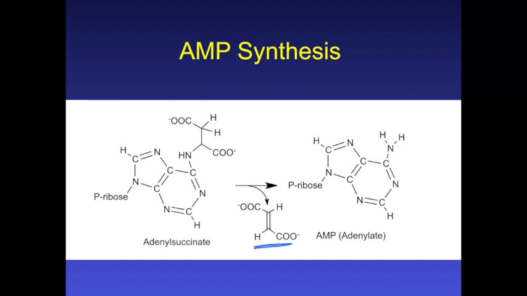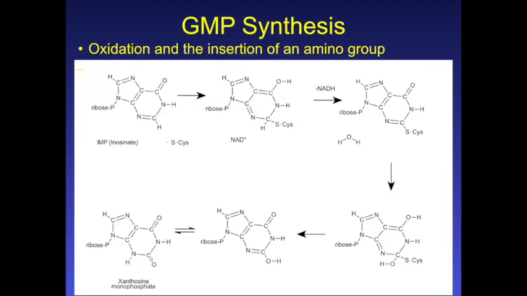And to do that, very similar to the reaction that we had with aspartate before, I take that proton, it creates a double bond, and I pick up a proton, and I now have AMP. All right. Back to IMP.